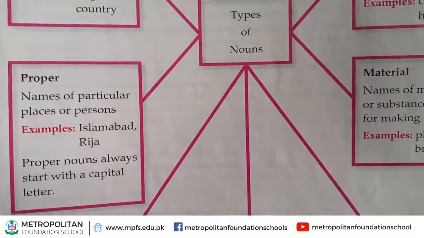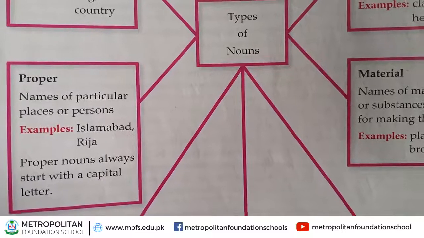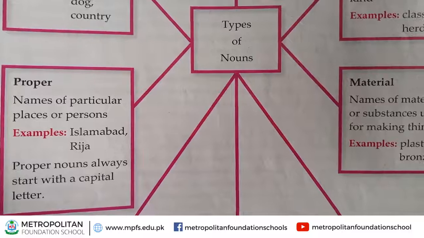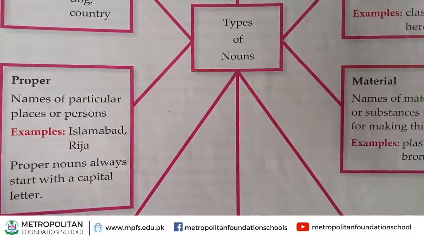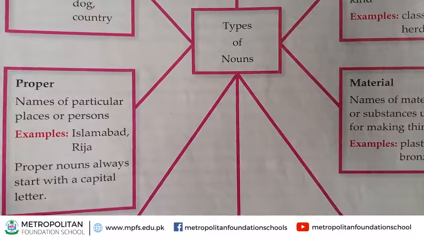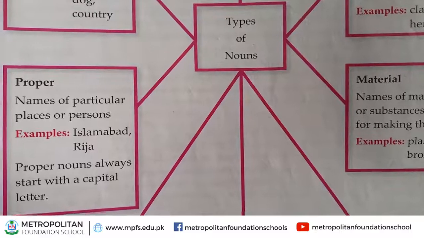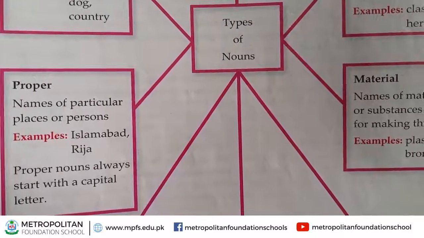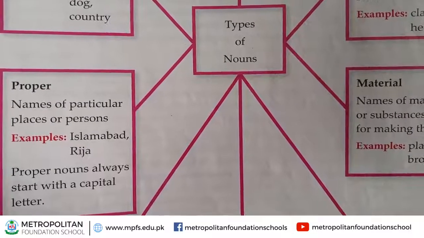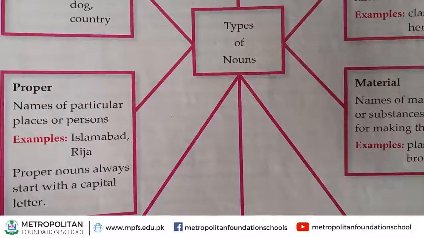Whenever you are writing the name of a particular person or place, you have to write its first letter as a capital. It can be a city name, country name, or any person's name or place name.